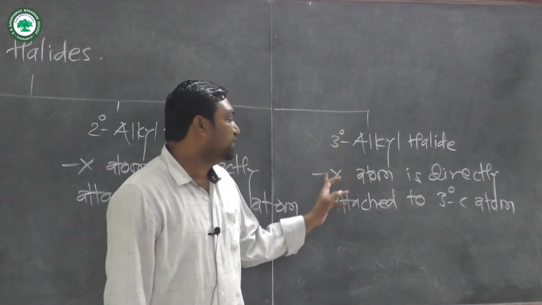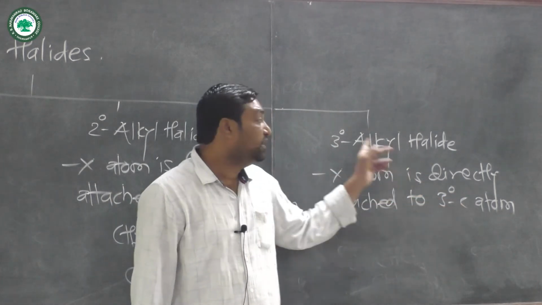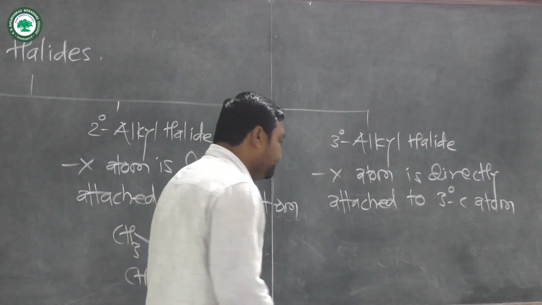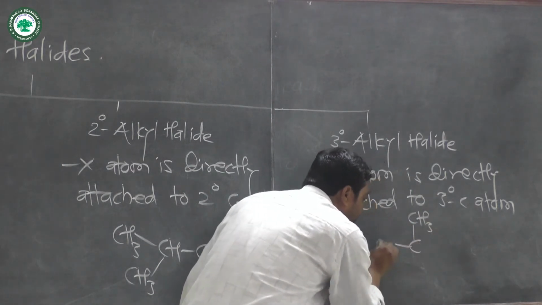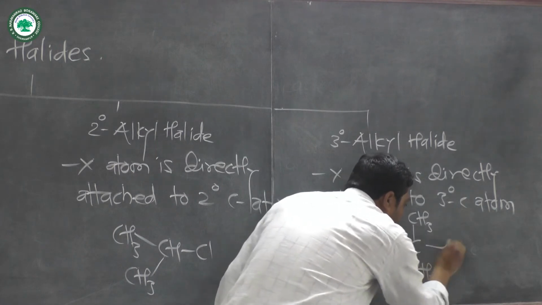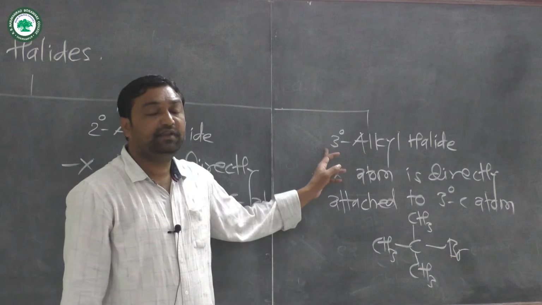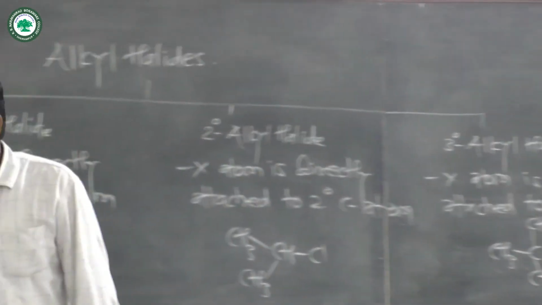Tertiary butyl bromide is an example of this tertiary alkyl halide. These are the classifications of alkyl halides.